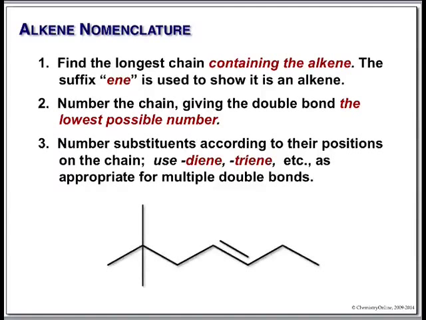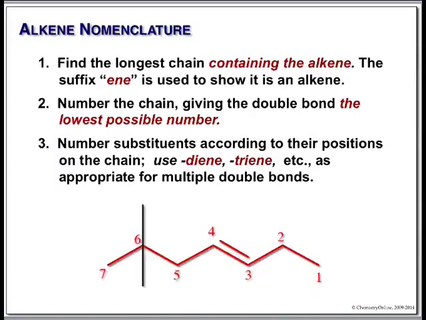All right, if we look at this guy, our longest chain is going to be 1, 2, 3, 4, 5, 6, 7. Correct? We're going to start numbering here. So our first alkene carbon is carbon 3. If we started numbering here, we would be at 1, 2, 3, 4.